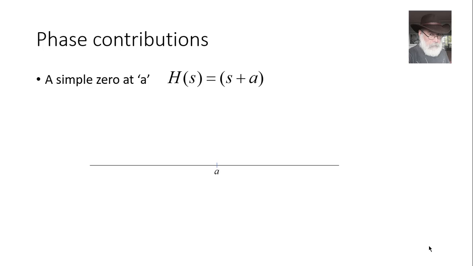If this is where the zero is at A, we have to consider 1 decade before, 0.1 A, and 1 decade above, 10 times A. Professor Bode has found out that he can approximate the phase contribution of that zero at A as 0 degrees for all frequencies below 0.1 A and 90 degrees for all frequencies at and above the frequency 10 times A.